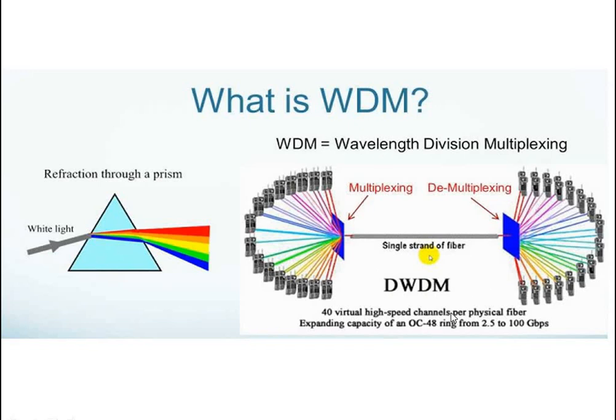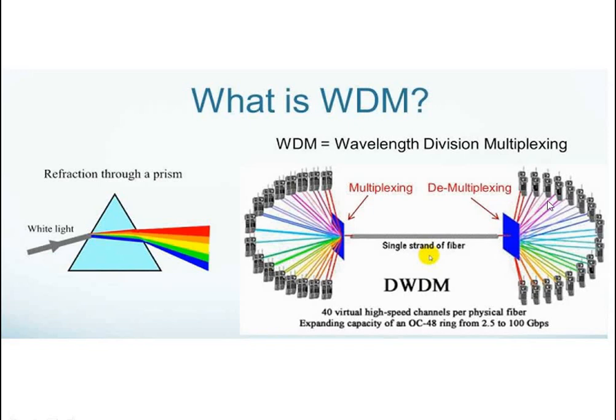As shown in the right side picture, in a WDM system, many different colored lights are combined by a WDM multiplexing device and put into a single strand of fiber, and each color here is called a channel.